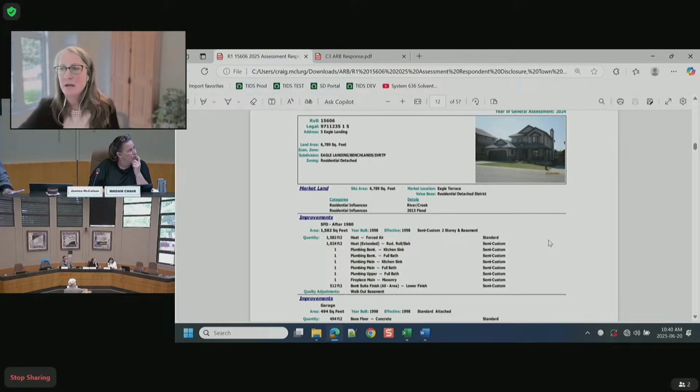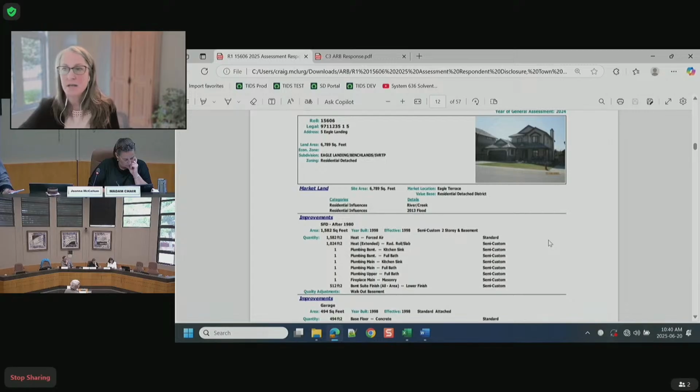And we do sales checks as well, where we verify all of our sales to make sure that they're accurately depicting the quality of data that is in there. We also do regular re-inspections to ensure that our data is up to date and current. And we get permit information from the town planning area as well to ensure that any updates or changes to the properties are reflected in the property assessments.